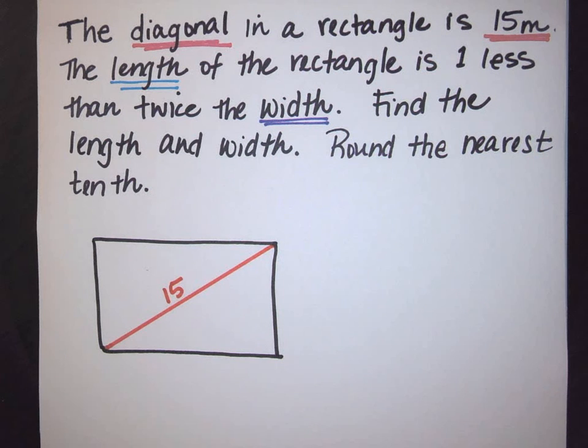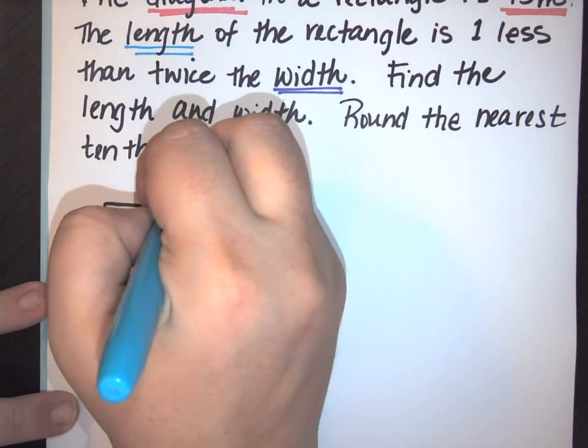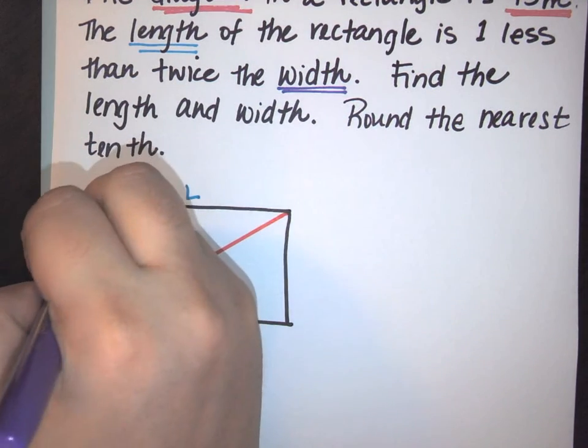Now the other thing that we know is that we know the length of the rectangle is 1 less than twice the width. So when we're looking at a rectangle in general, we know the long side here is your length, and we know that the short side is usually your width.